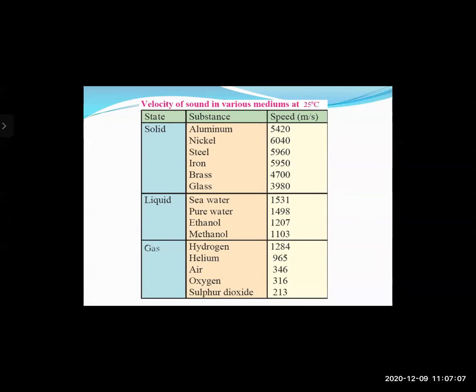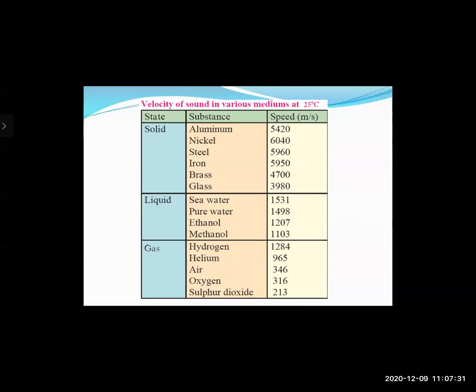Same way in liquids, in seawater the velocity of sound is 1,531 meters per second, whereas in methanol, which is an alcohol, it is 1,103 meters per second. In different gases, in hydrogen it is 1,284 meters per second, whereas in pure oxygen it is 316 meters per second.